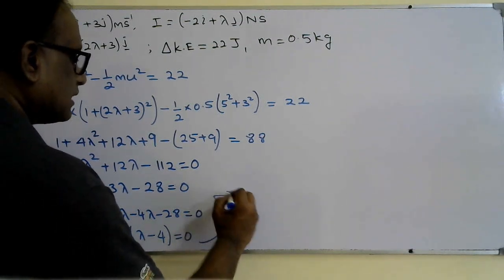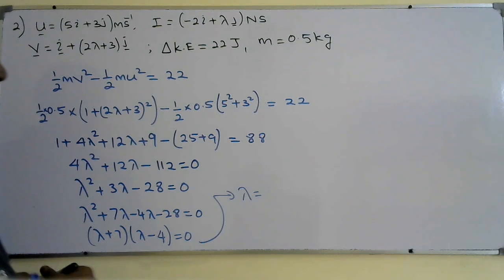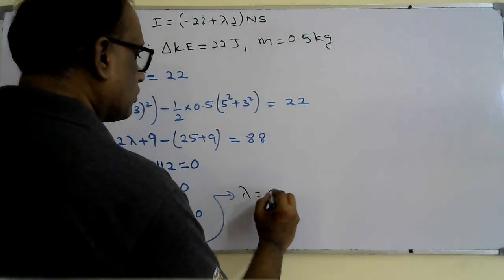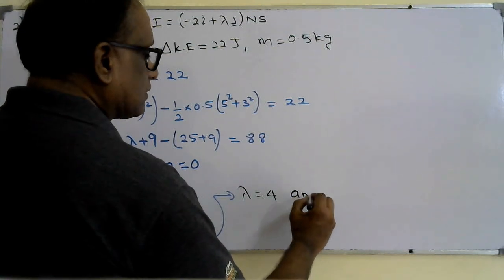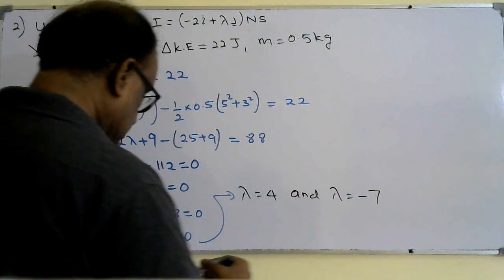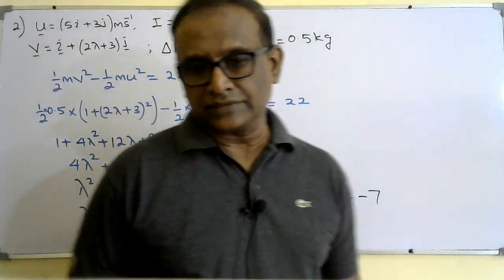So from this, lambda is equal to either 4 or minus 7. They asked to find the values of lambda. These are the two values, 4 and minus 7.